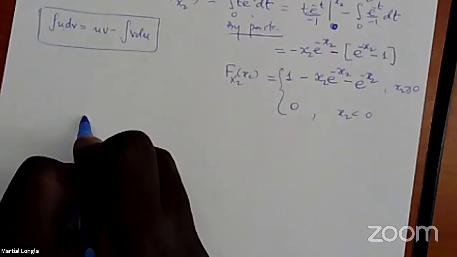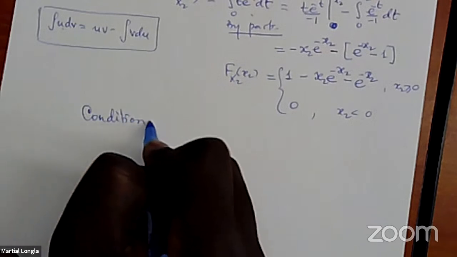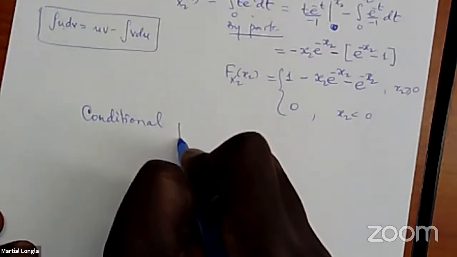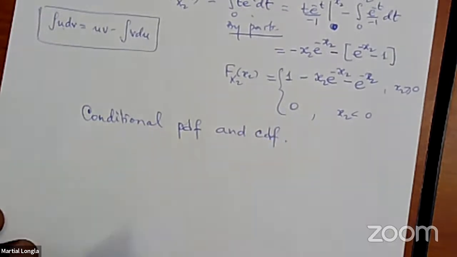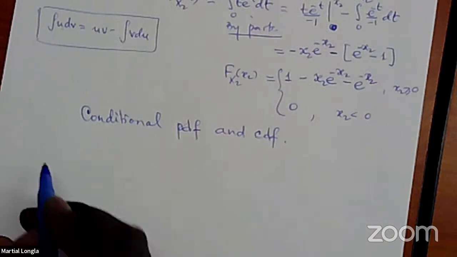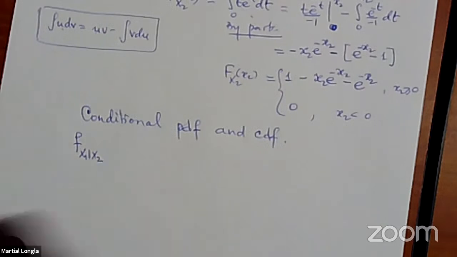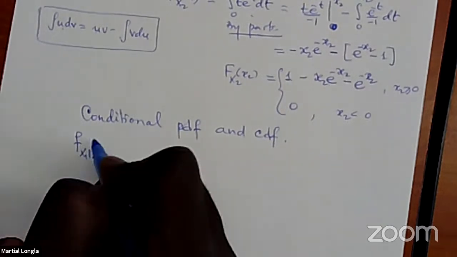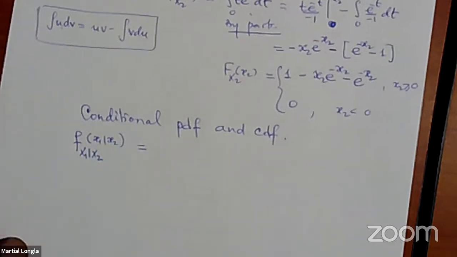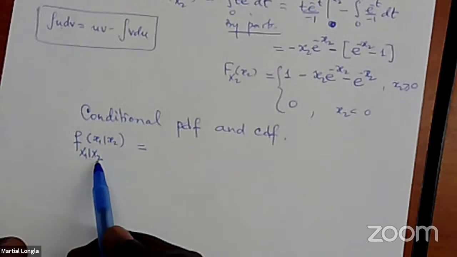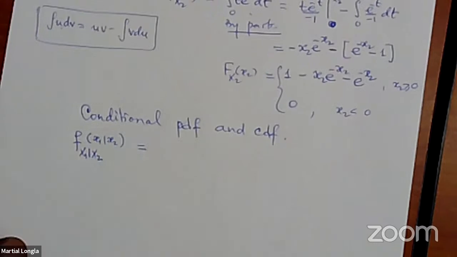So here, conditional for PDF and CDF. How do we find them?